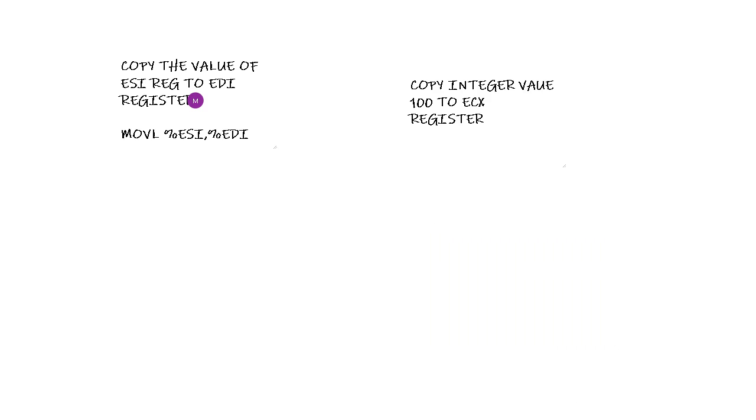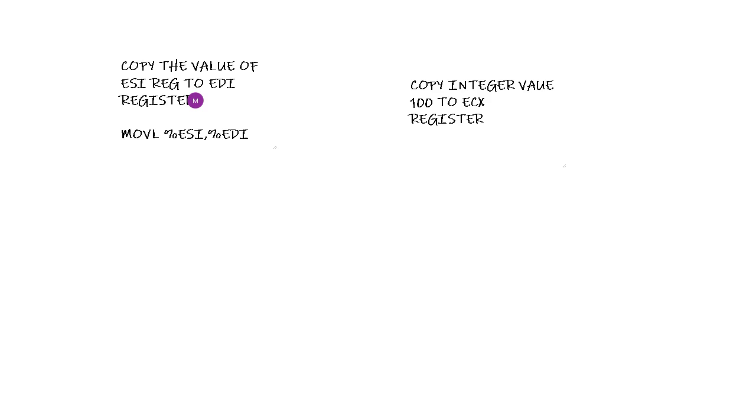After that, what is the source here, Pavan? 100, ma'am. Since it is an immediate value, a number, we have to give a hash symbol before the number.